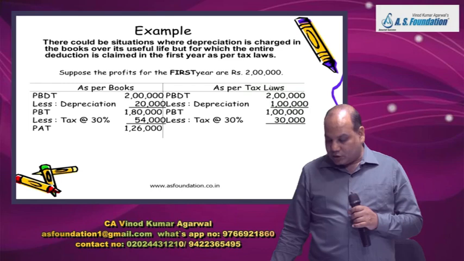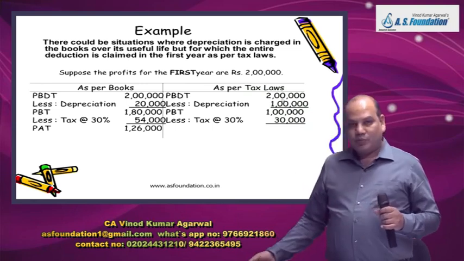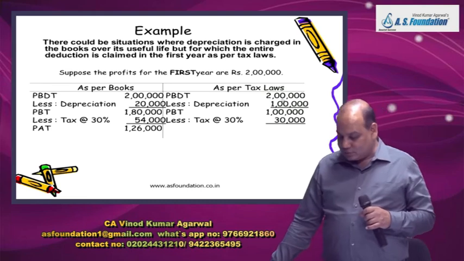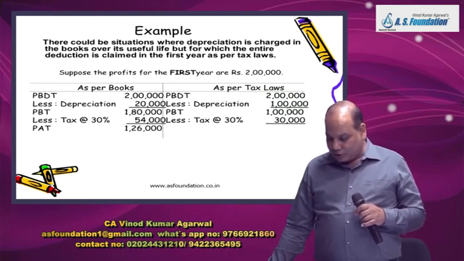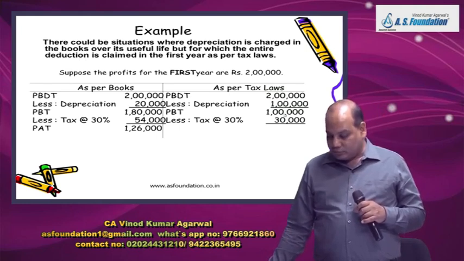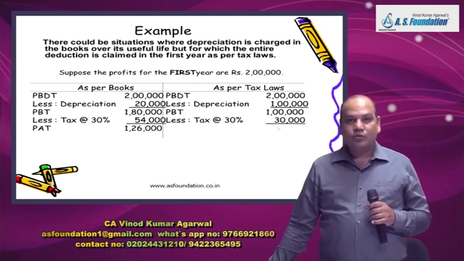But it doesn't happen. Suppose you provide only as per tax law. You said, why should I provide 54,000 when I have to pay only 30,000 to the government? Government calculation: 2 lakh income, 1 lakh depreciation allowed by the law. Taxable income 1 lakh and your tax liability comes to 30,000.